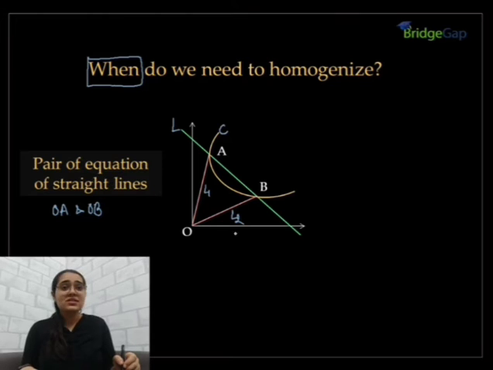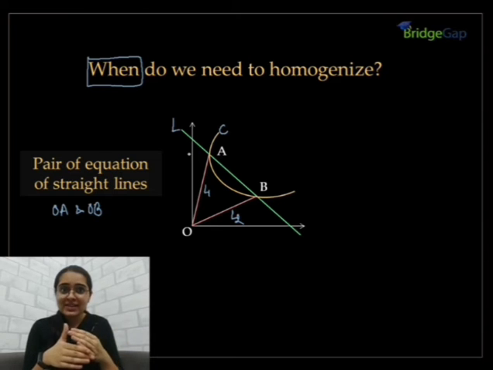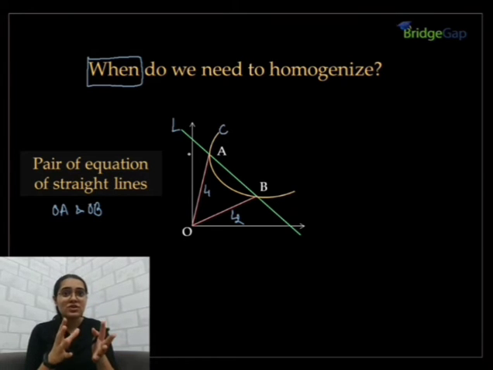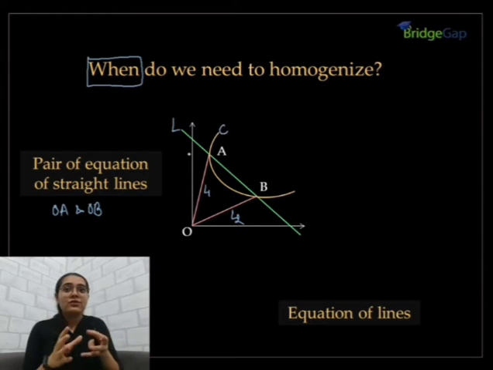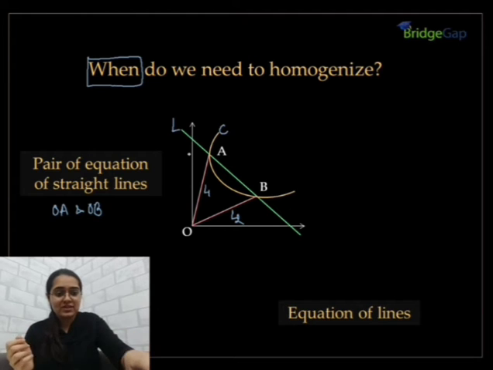I will be given such a setup where there's a curve and there's a line, they are intersecting each other at 2 points, and we have to find equation of lines L1 and L2, or we have to find a pair of equation of those lines. We use the concept of homogenization.